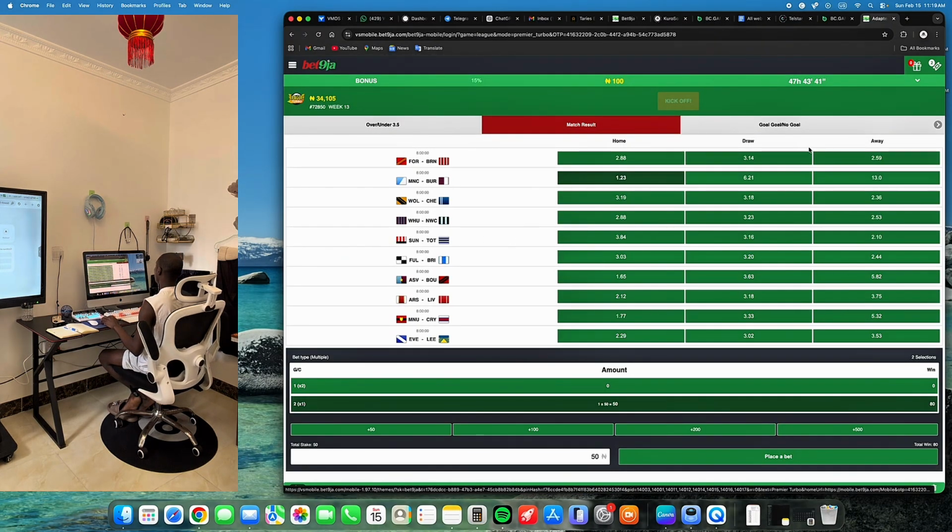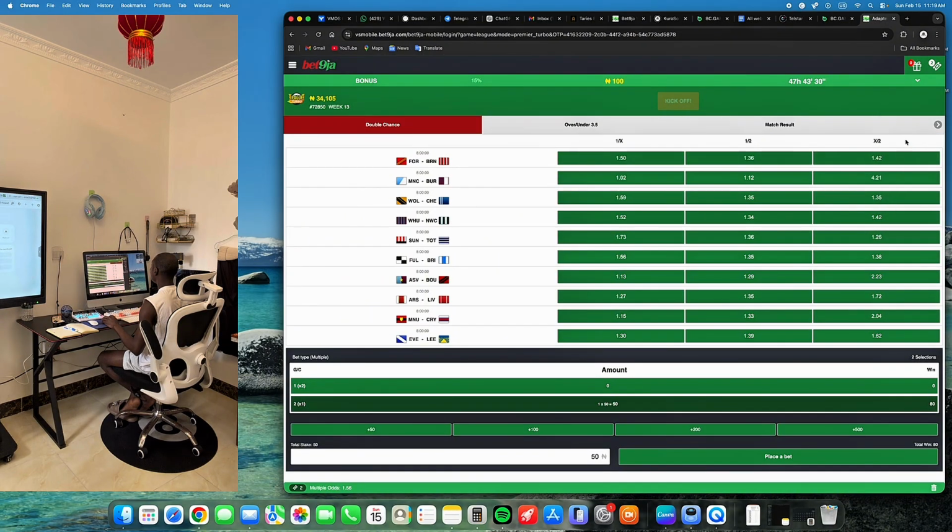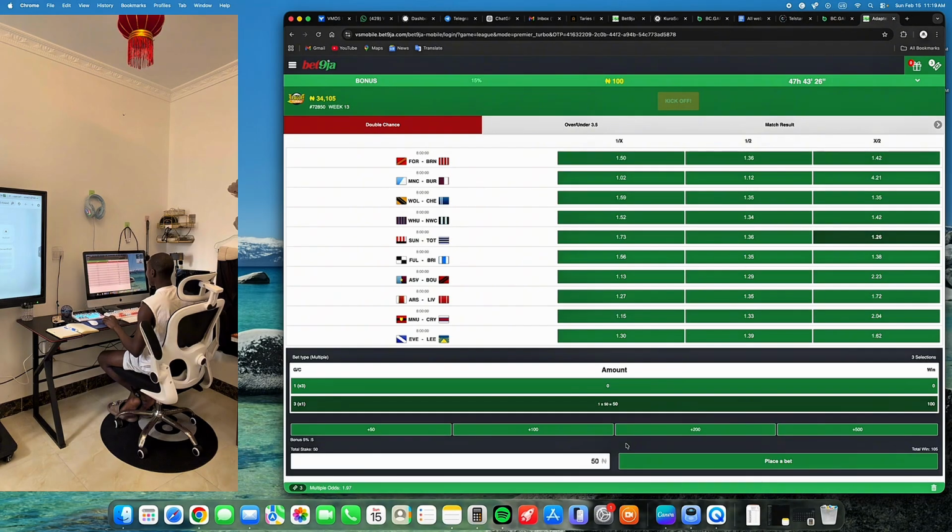Let's see, over 1.5 is fair, or double chance for Tottenham. Yeah, double chance for Tottenham is fair.